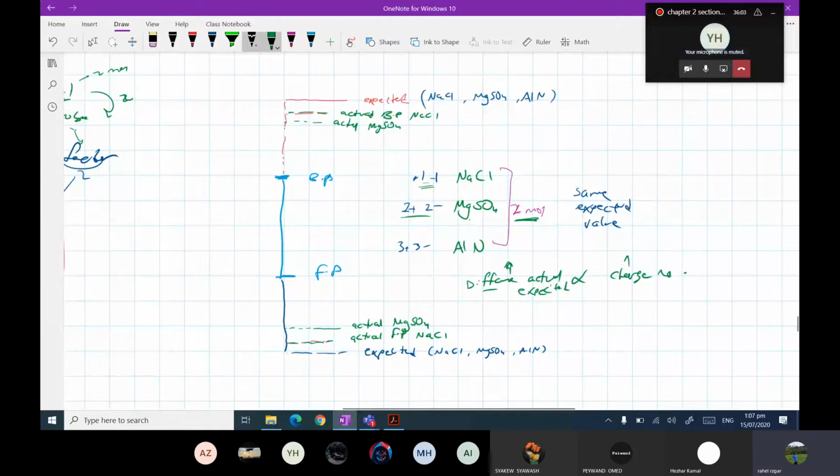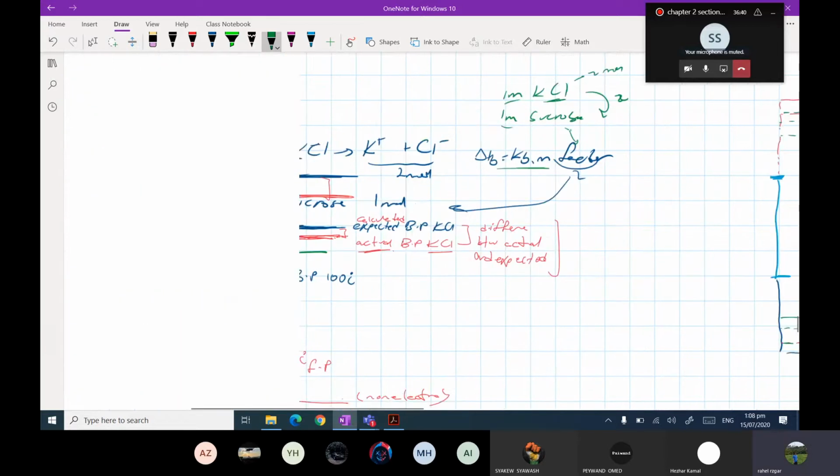Then aluminium nitrate. So what has happened to the freezing point and boiling point? The boiling point has decreased when the charges are higher, and the freezing point has increased, getting away from the expected.